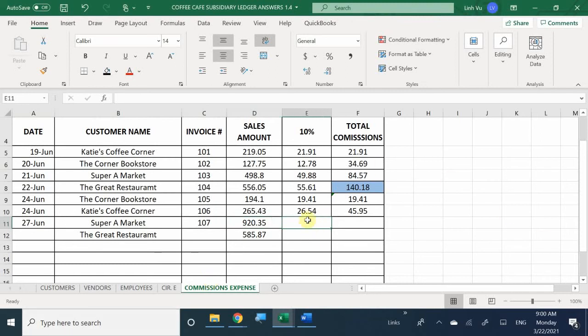So therefore, what is 10% of that? 92.04.